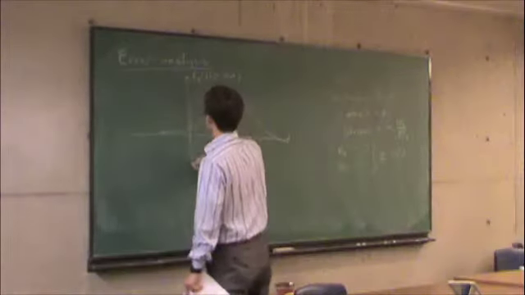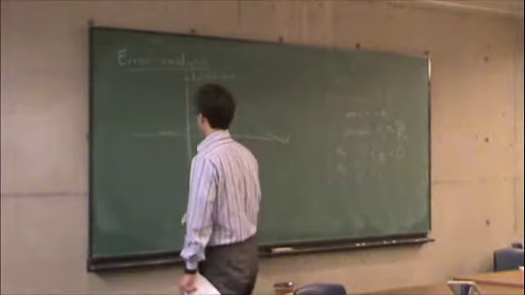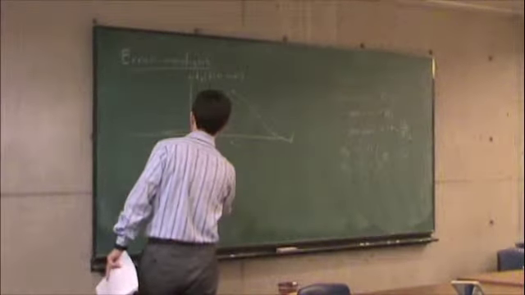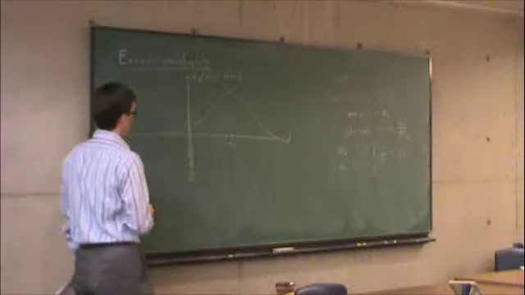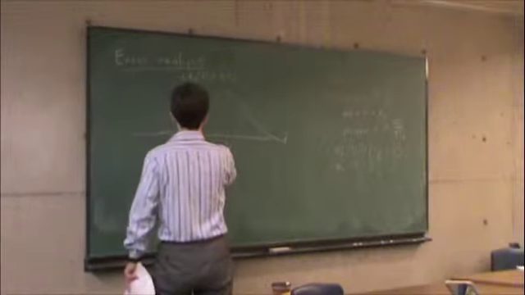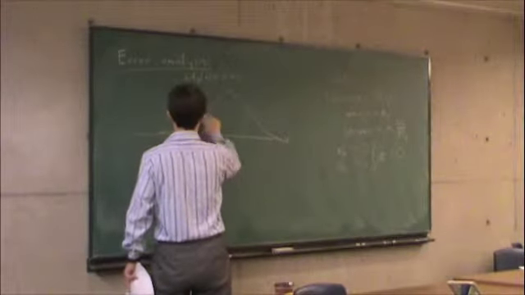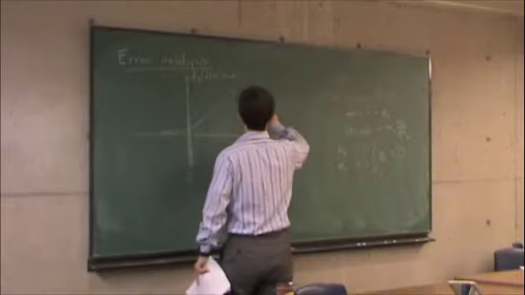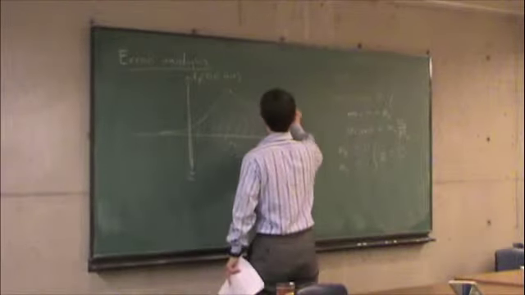So what could happen if we cause an error? If the threshold is here, then if I'm to the right of the threshold, if I'm greater than the threshold, in this region the decision is correct.